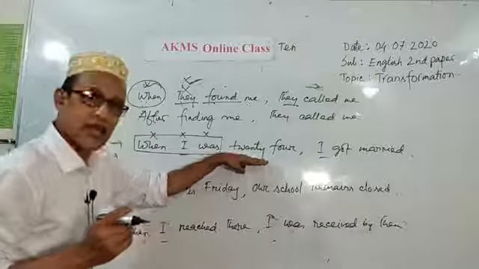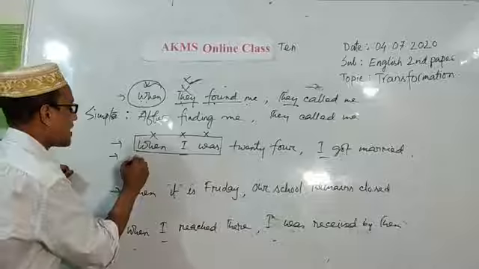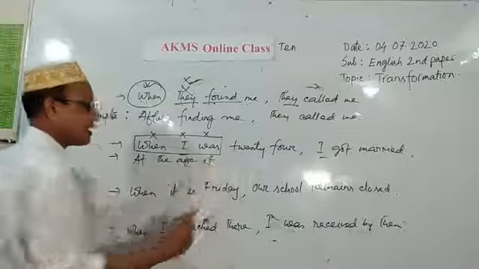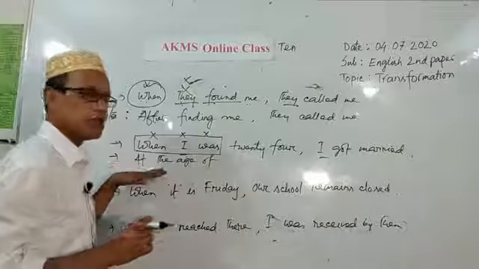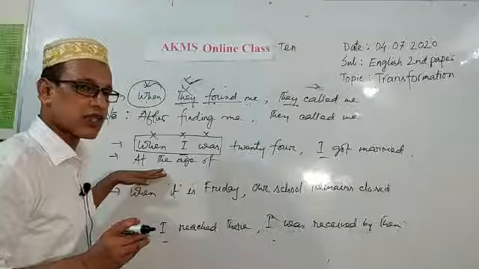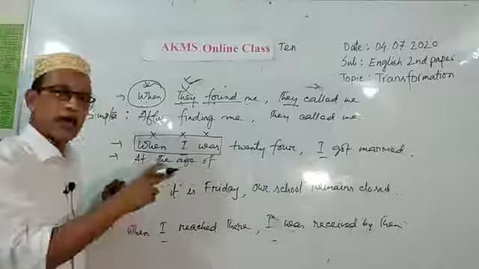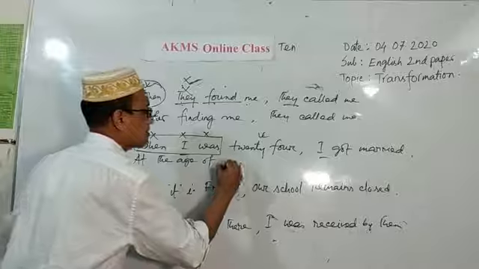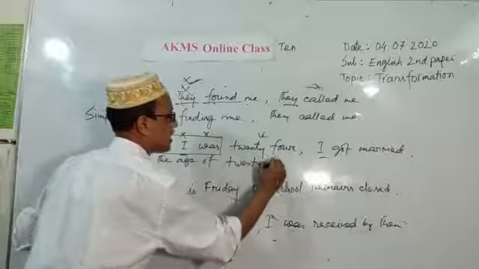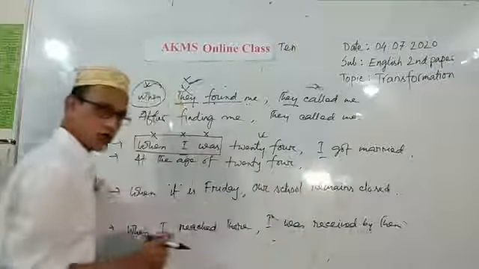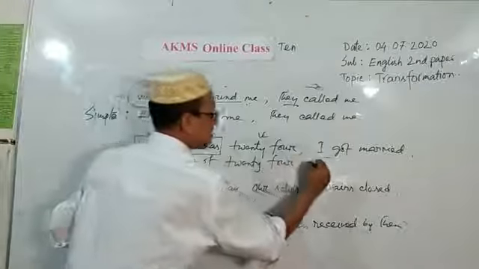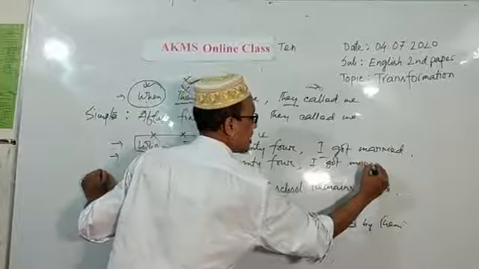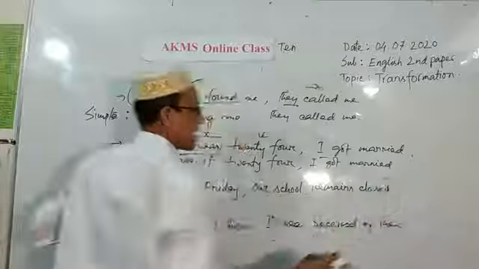It indicates the age, so I can use at the age of. At the age of is a prepositional phrase. Now I will write the age. At the age of 24, I got married.